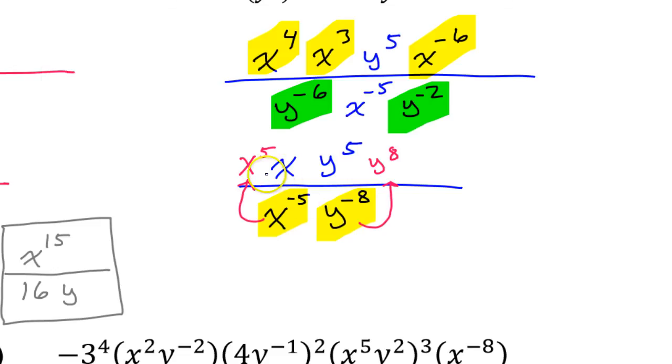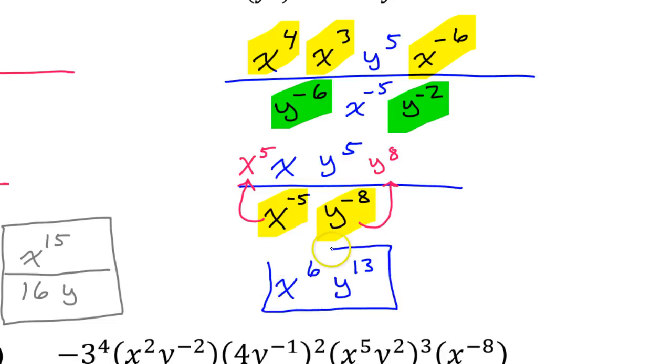If I have x to the 5th power times x, that'll be x to the 6th power, putting these together. y to the 5th power times y to the 8th power is y to the 13th power. It's adding those exponents. And that, my friends, is the final answer.